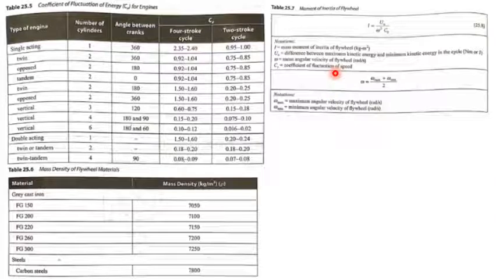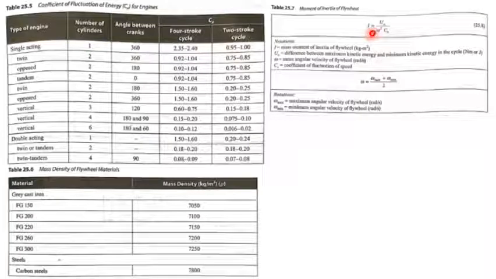The next table is very important, which gives us the formula for mass moment of inertia in terms of maximum kinetic energy fluctuation. The difference of maximum kinetic energy, U naught, plays a crucial role, and this actually defines the need of the mass moment of inertia of the flywheel.